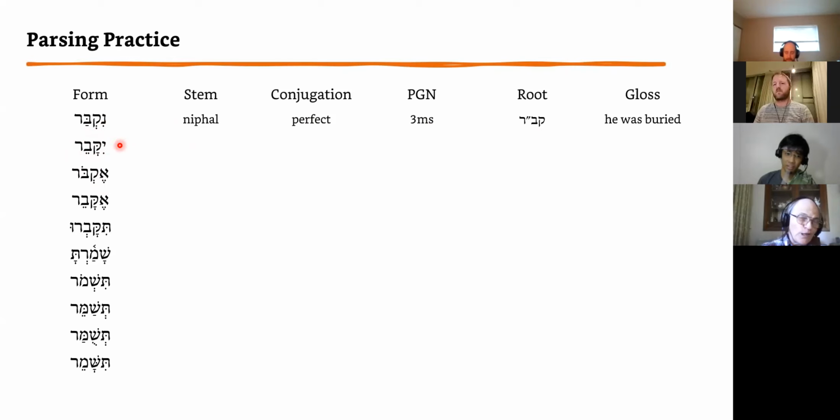Is that nifal? It is nifal. How do you reckon that it's nifal? The doubling at the first letter of the root. Which represents the assimilation of the nun. Good. Conjugation: imperfect.